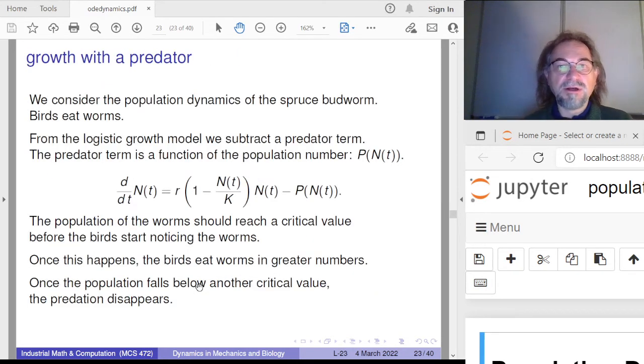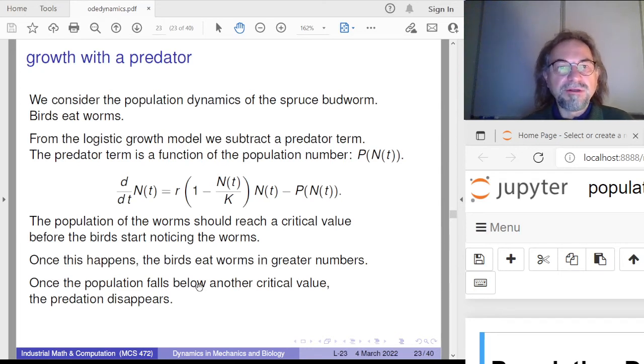Okay, so one can say that this model is probably not so realistic, because if you look at biology, look at the animal world, there are always predators.